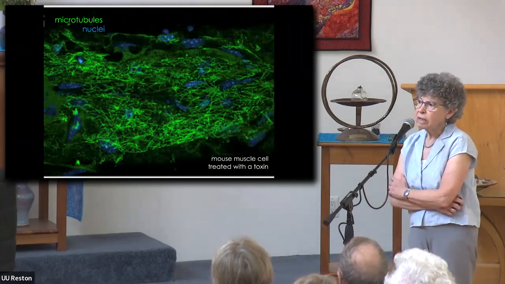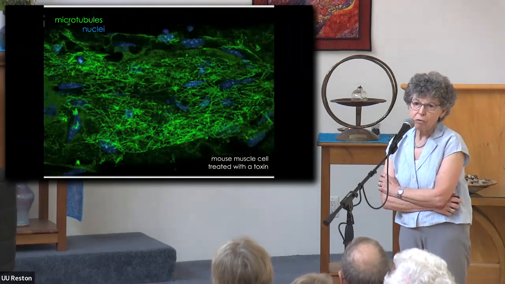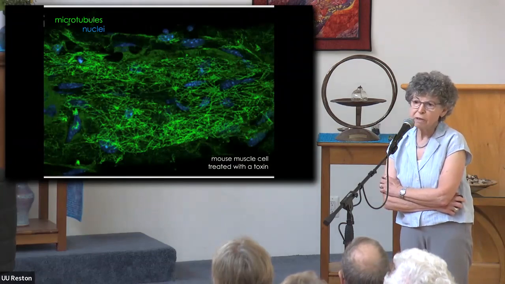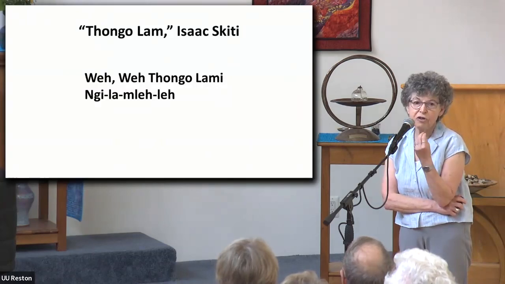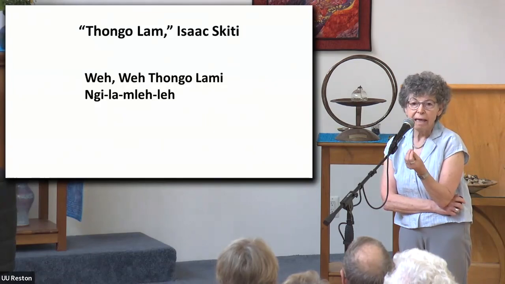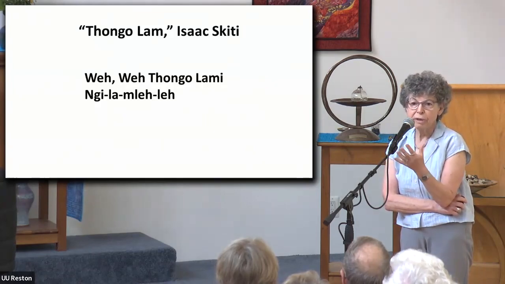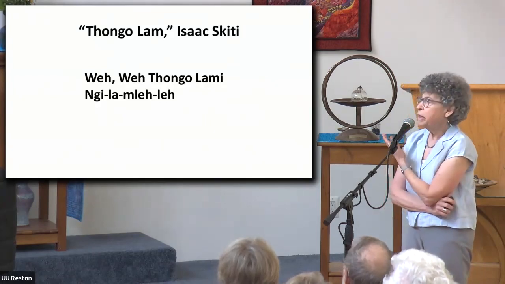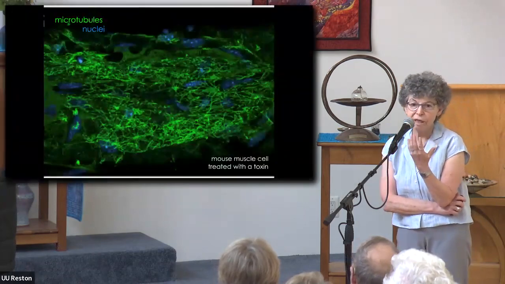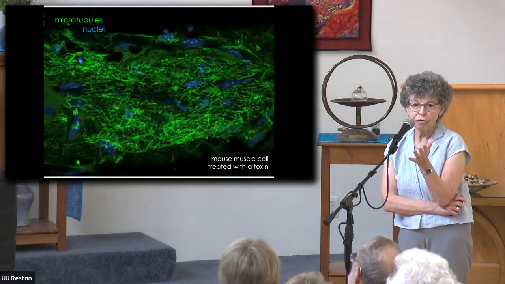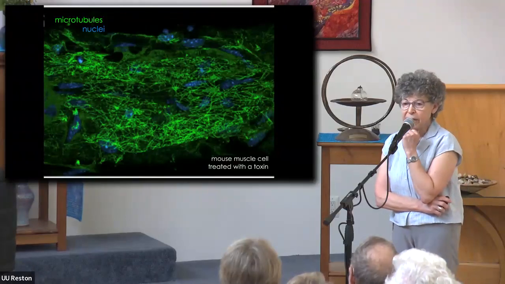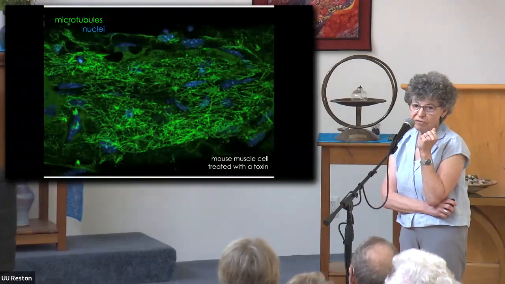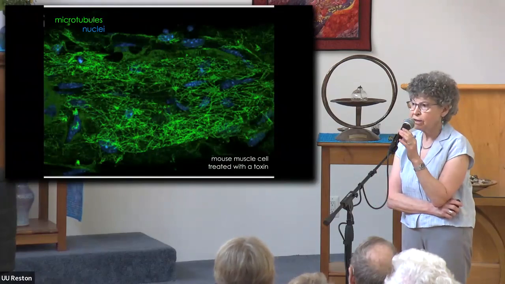This is because this is a mouse muscle cell, and it was part of a work where the muscle was injected with a toxin that really damages the muscle, but the muscle then regenerates. And what you see here is a stage of regeneration where there are microtubules, but they're very disordered. And I will come back to the notion of regeneration and degeneration in the muscle.